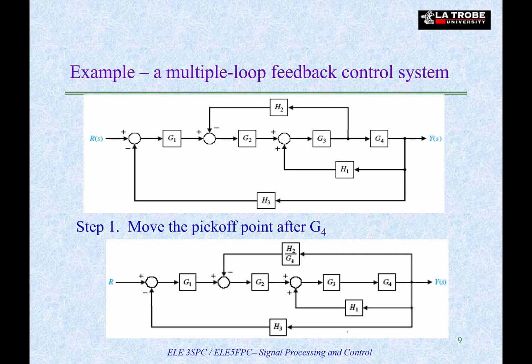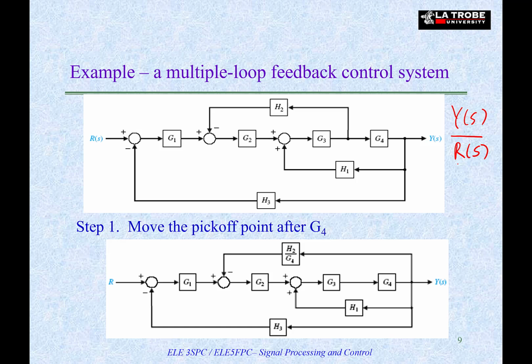Now let me give you an example of the simplification of a complicated block diagram. This example shows you a multi-loop feedback control system. Our goal is to find the transfer function Y(s) over R(s). This is our goal.